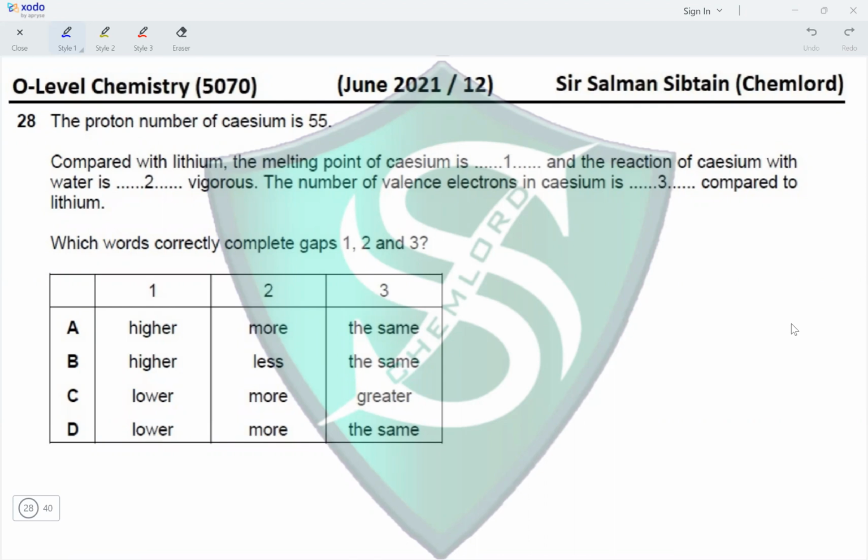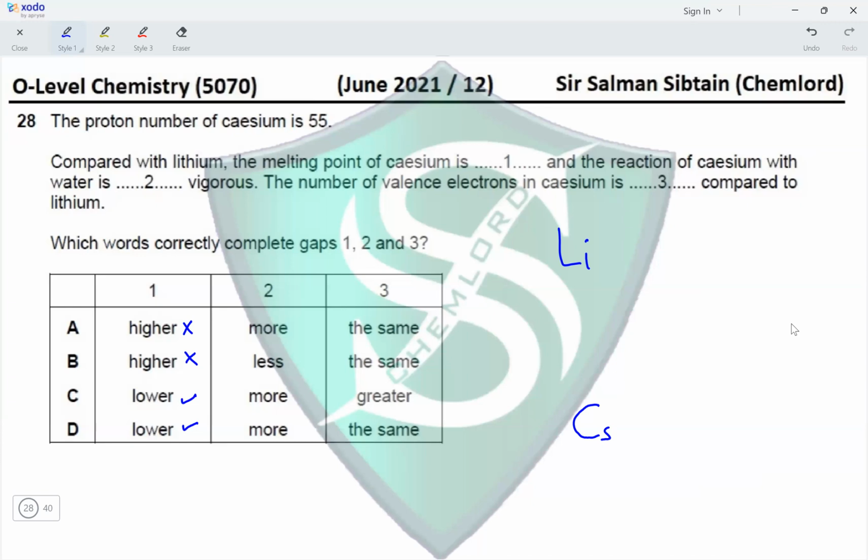Basically, lithium is present at the top of group 1 and cesium is present at the bottom of group 1. So compared to lithium, the melting point of cesium would be lower because down the group the melting point decreases. This eliminates options A and B, and options C and D remain.